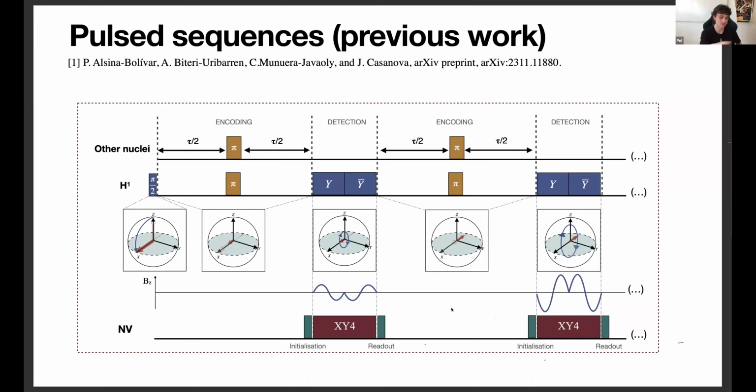These type of sequences are usually used in biological samples or for medical purposes. So what you can do is, you don't know what molecule you have, but you know that there's probably hydrogens, carbons, and nitrogen. So you send radiation for the three of them, and if there is one, good, and if there isn't, that radiation will not affect anything, no problem with that.